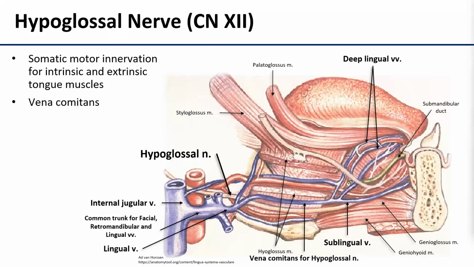And in order to reach them, so here we can see it in the neck, it's going to pass, again, superior to the posterior border of mylohyoid to enter the sublingual space. And then it travels fairly deeply within that space to approach those tongue muscles from below. So that's how he gets his name.